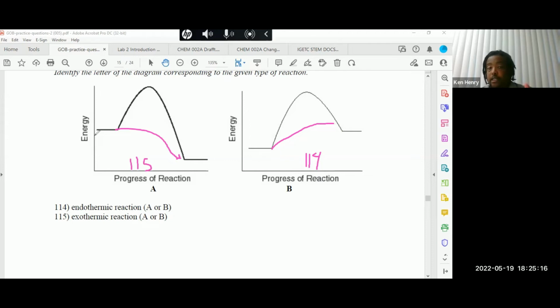So if we're losing heat, this guy has to drop to account for the heat that's being released. Here we have to go up because we're adding energy to it. If you add energy plus energy, it's going to cause that reaction to go up to a higher energy level.